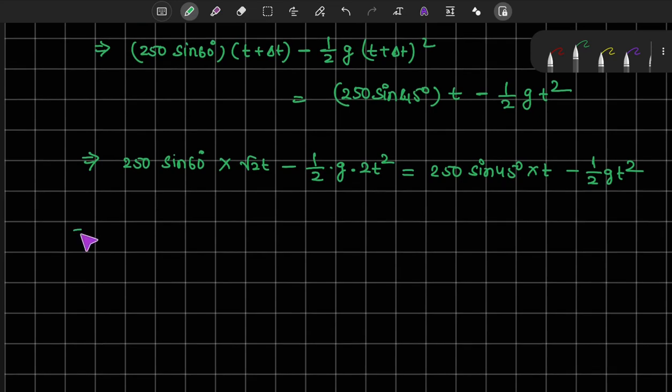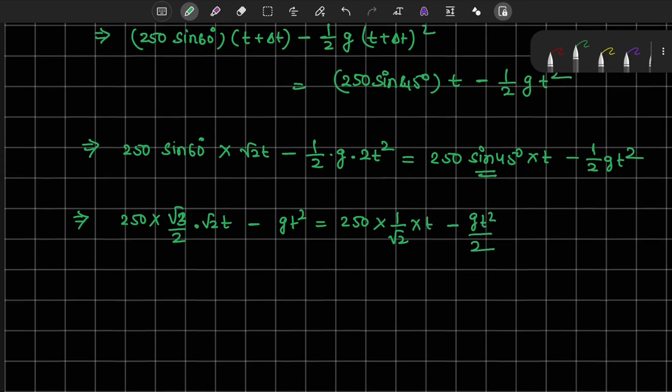So 250 sine 60 degree is root 3 by 2, into root 2 t, minus g t square, is equal to 250 into 1 by root 2 into t minus g t square by 2.